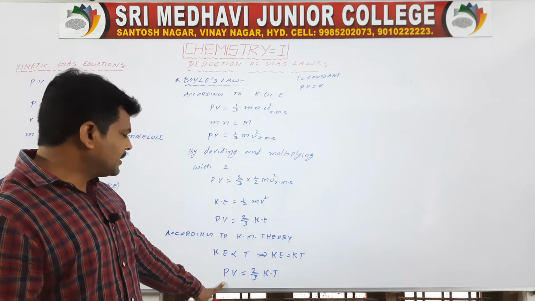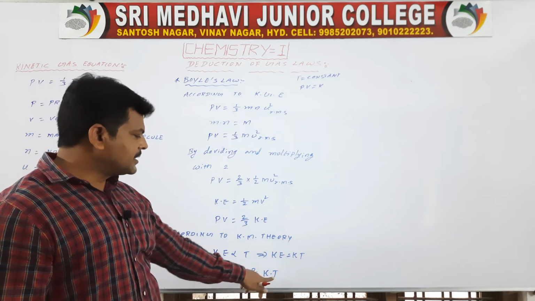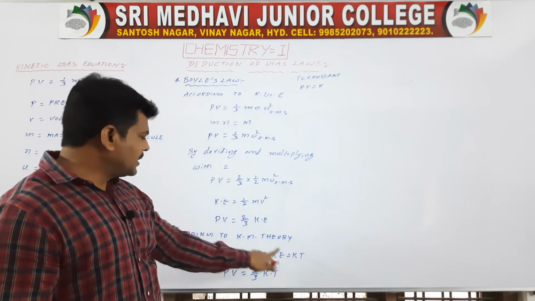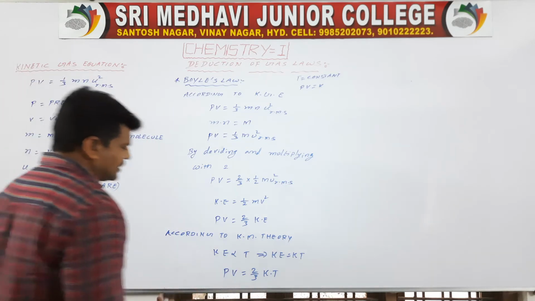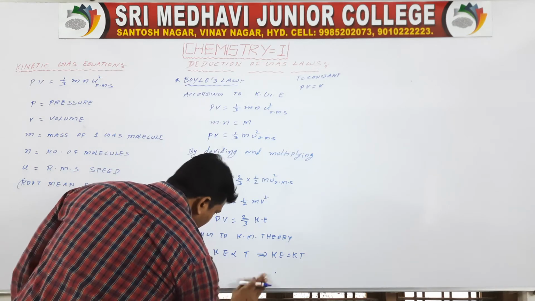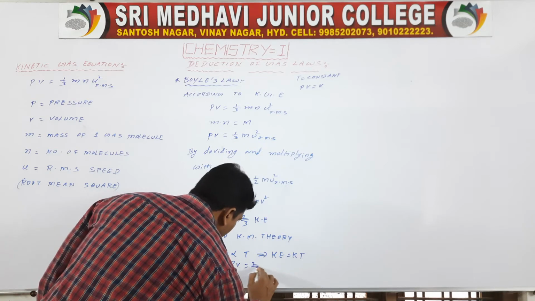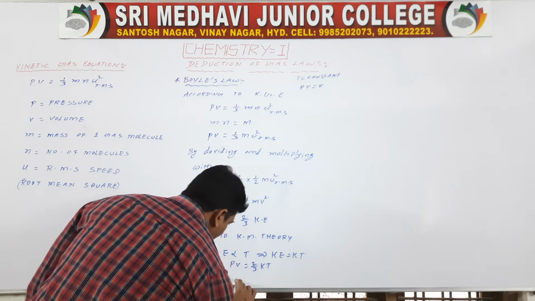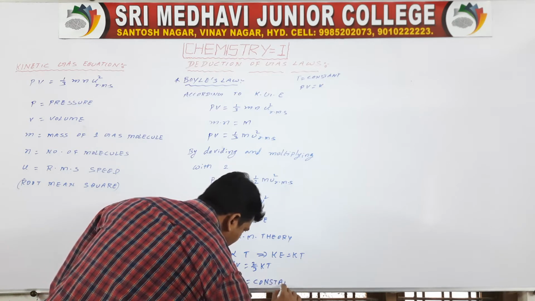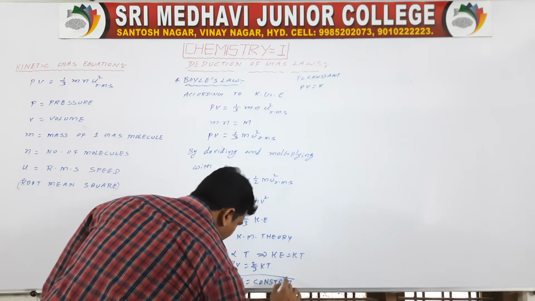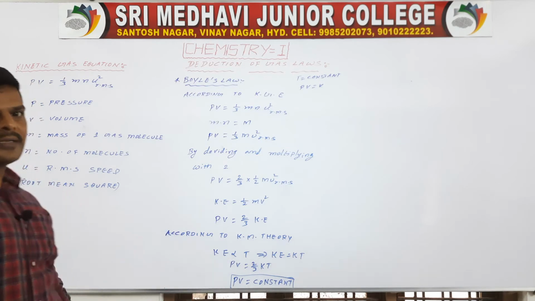Here 2 is constant, 3 constant, K constant, temperature constant. So in the place of all these constants I am going to write PV equal to constant. Okay, it is the deduction of Boyle's law.